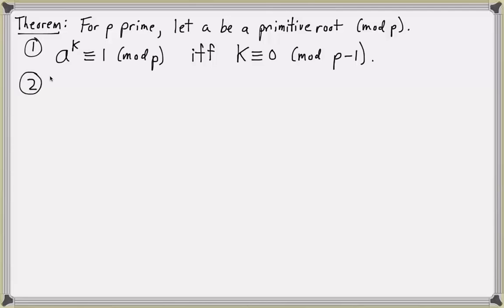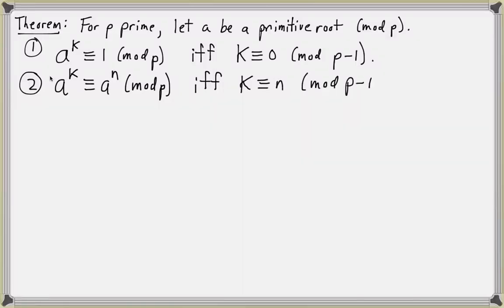And then an extension of this theorem, a to the k is congruent to a to the n mod p if and only if k is congruent to n mod p minus 1. So we'll use these theorems to prove congruences.